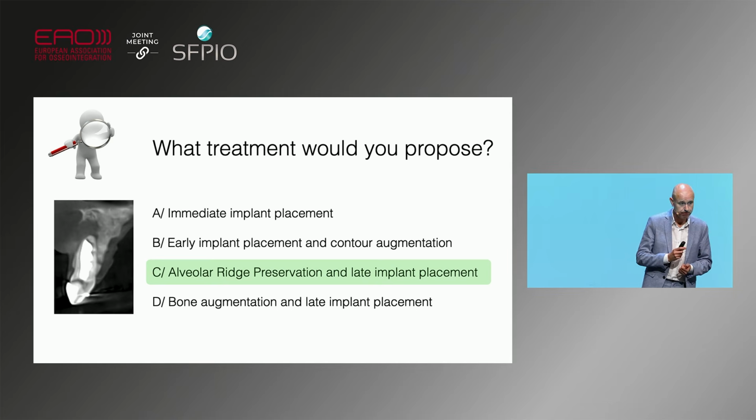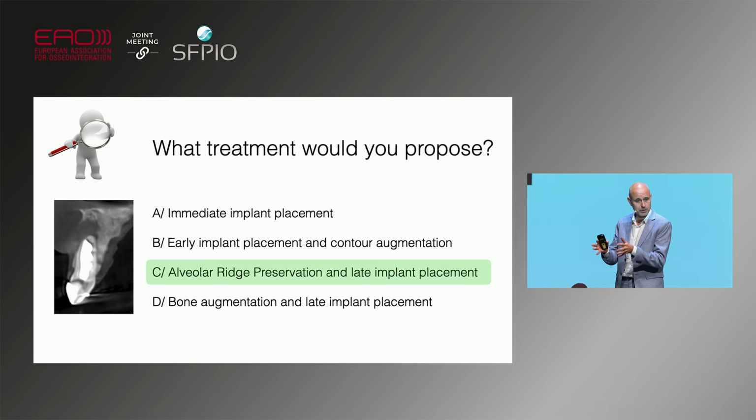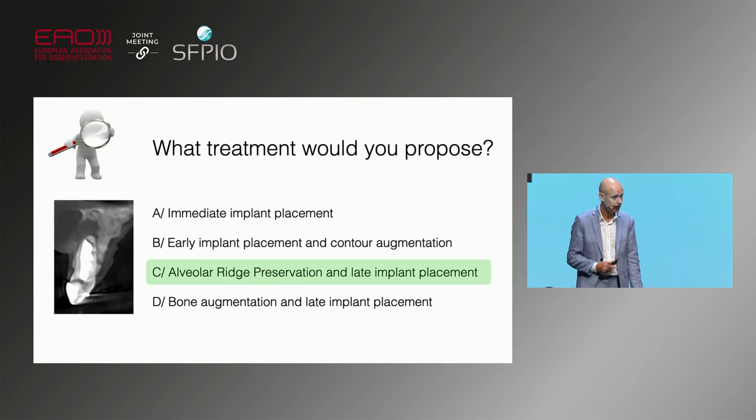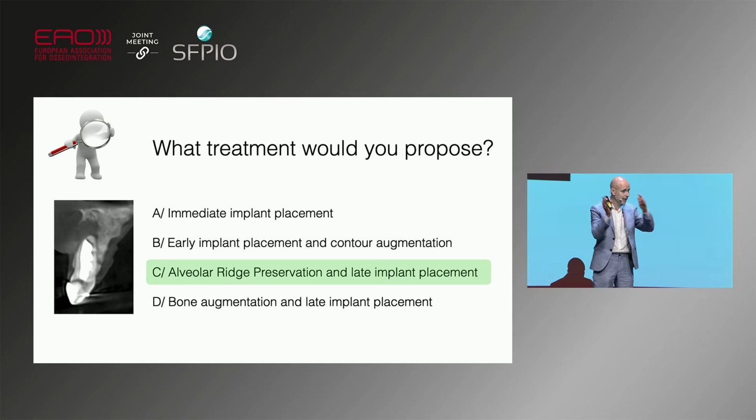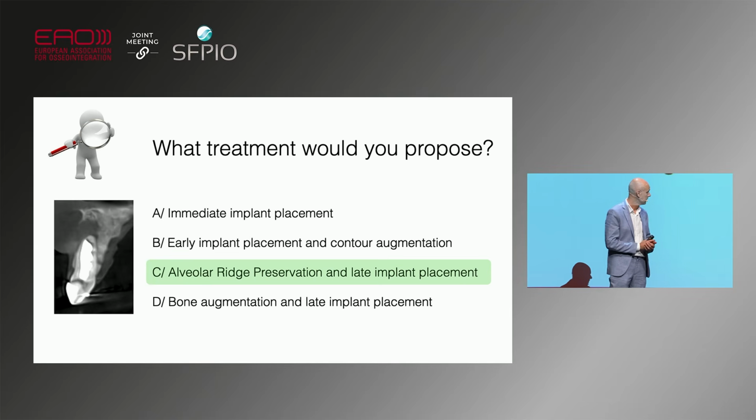And of course, we could anchor an implant, even an immediate implant here. But what about the prosthetic position? For sure, we will end up in the failure zone with that implant, and it will be an aesthetic disaster. So immediate implant placement, really, is not the way to go here.